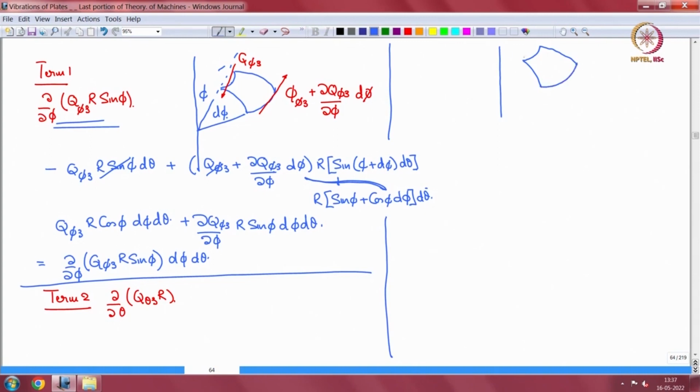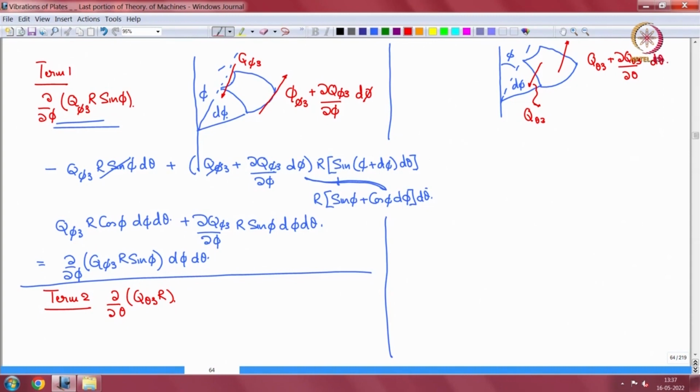This is my phi, d phi, then q theta 3 is in the downward direction here, q theta 3, and then q theta 3 is augmented, q theta 3 plus del q theta 3 by del theta d theta.